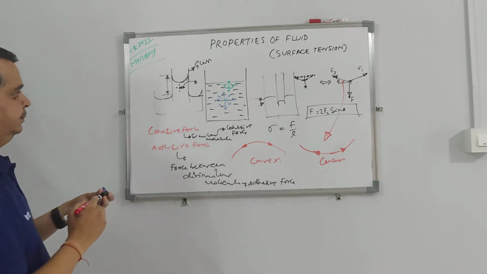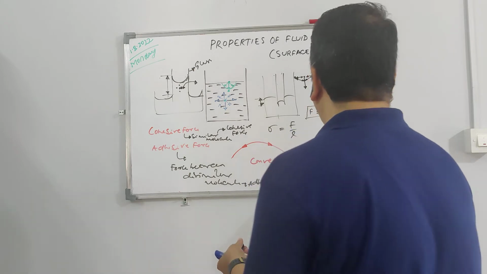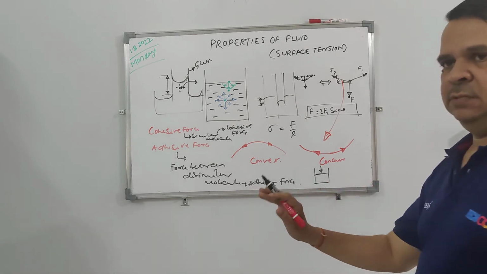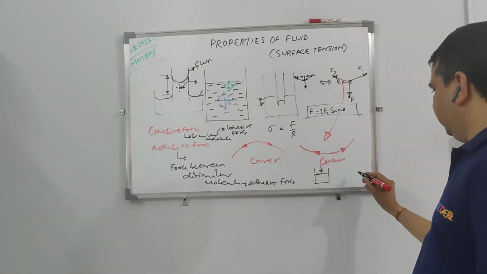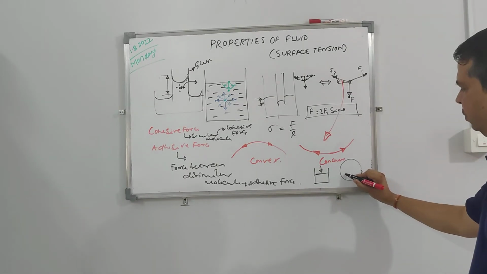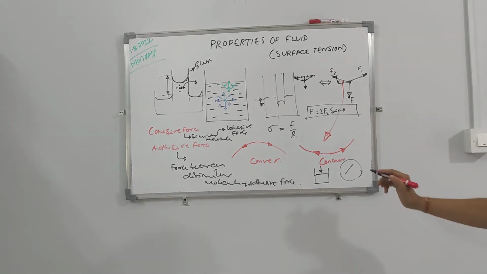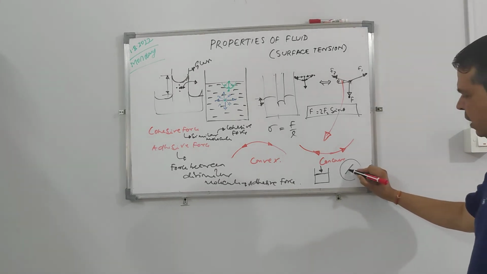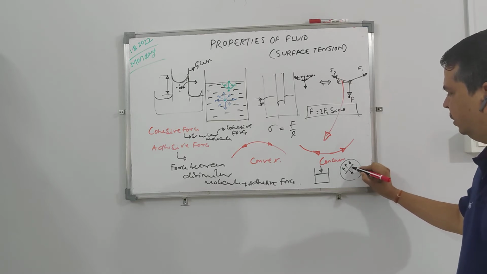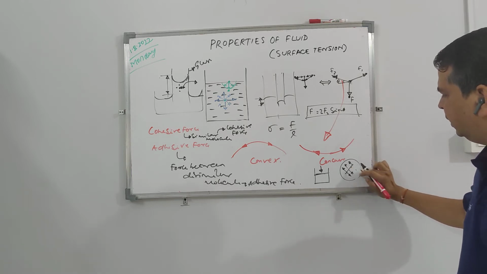Let us say you have a cylinder, and you are looking from the front, so you can see it is a circular one. If you put any line here, let us say you have put a needle here, there will be some forces acting on both sides of this needle.